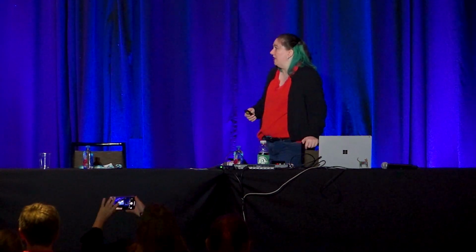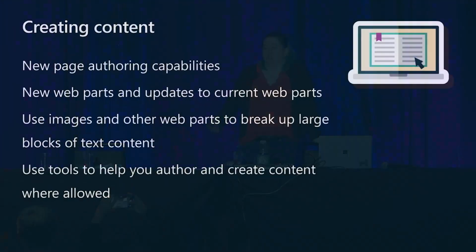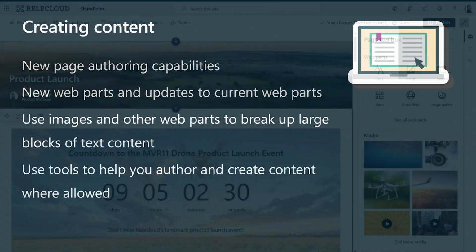You should use images and color and things to break that up, split it into different sections, different columns, make it a little bit easier. And then in the future, we're going to even have tools to help you author and create content. This is going to use Copilot in many cases, or you can use what's available today and say Copilot for Word and some of those.